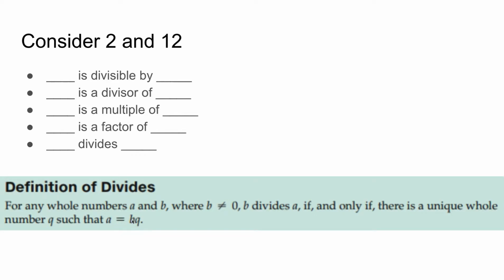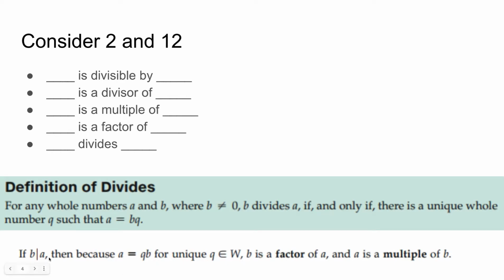Then we can say b divides a, or a is divisible by b, or b is a divisor of a, or a is a multiple of b. b is a factor of a. We can use a and b with these words.